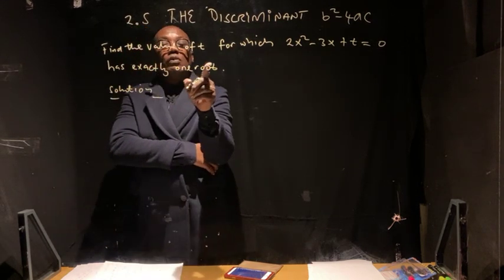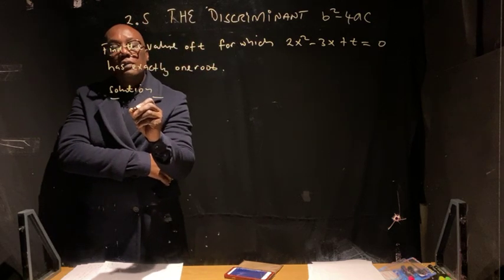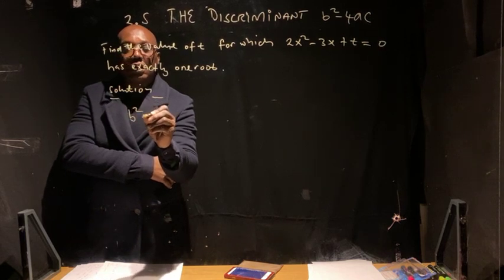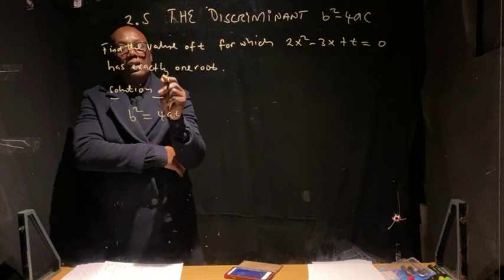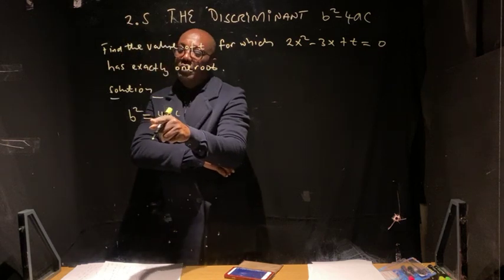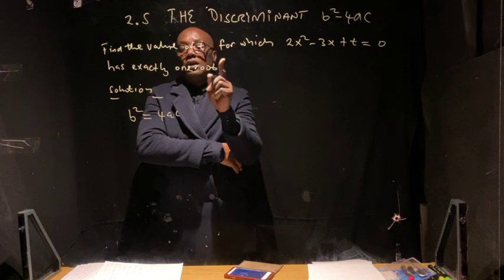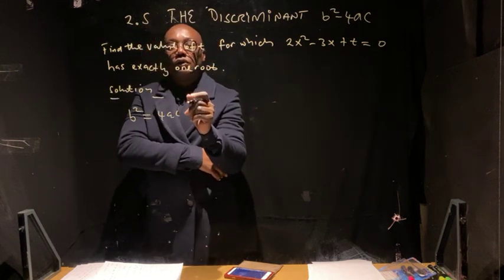Has exactly one root. The most feasible discriminant is this one: b squared equal to 4ac. This discriminant indicates that the given quadratic equation has exactly one equal root.